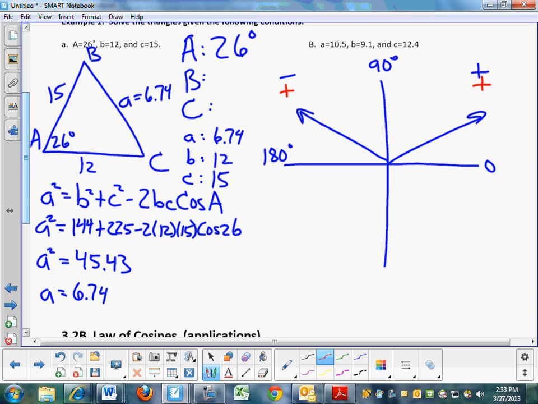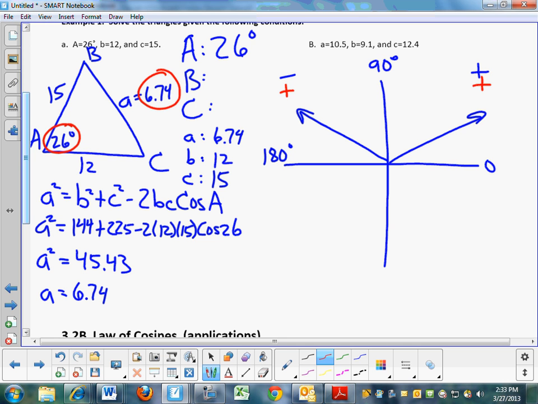Now, if I know that side A is 6.74, and I want to solve for angle B and angle C, what can I now set up? The law of sines. Watch. All right, so I'm going to use angle 26. Everybody agree? And I'm going to use 6.74. Everybody agree?